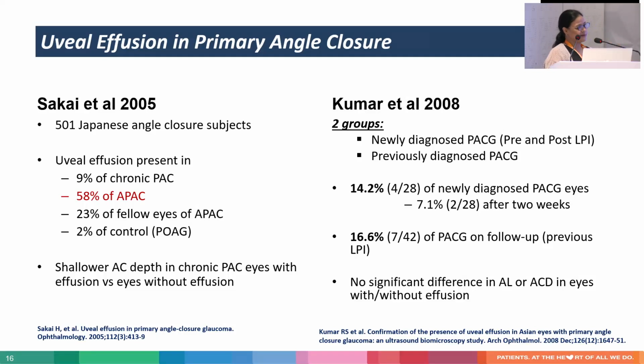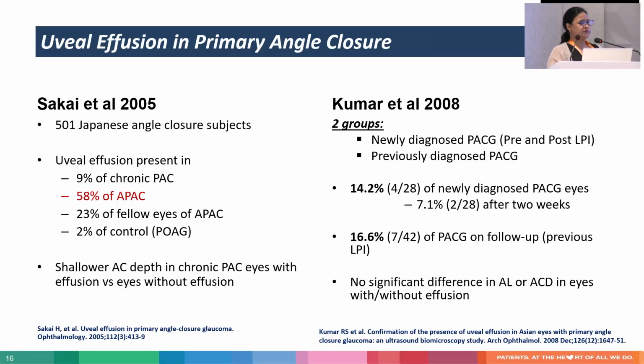Whether this is significant or going to change our management for primary angle closure, I don't think so. But definitely in cases of secondary angle closure with the presence of inflammation, uveitis, or even medication, topiramate-induced, I think identifying the presence of uveal effusion as a cause for angle closure matters, because sometimes treating that or removing the cause actually results in resolution of the uveal effusion.